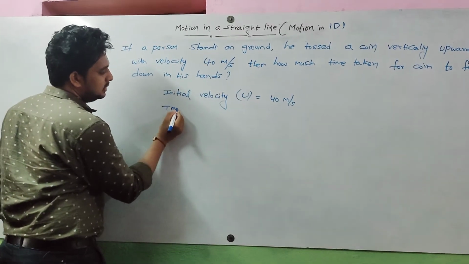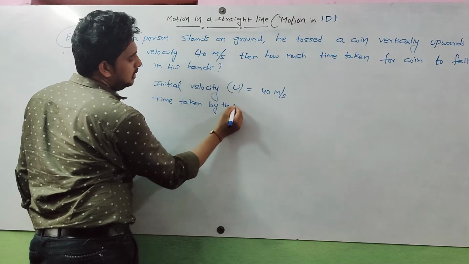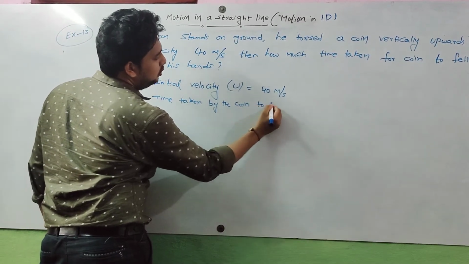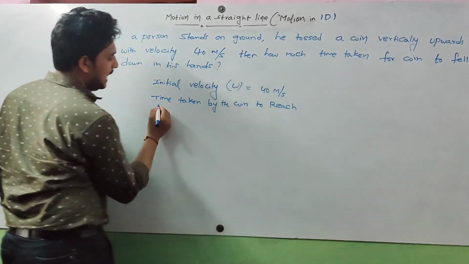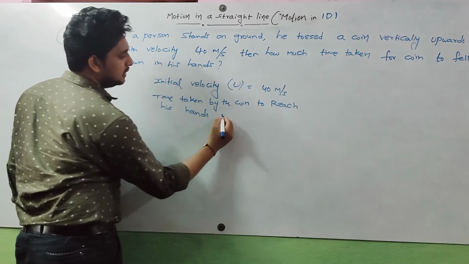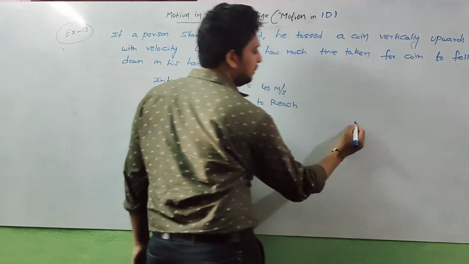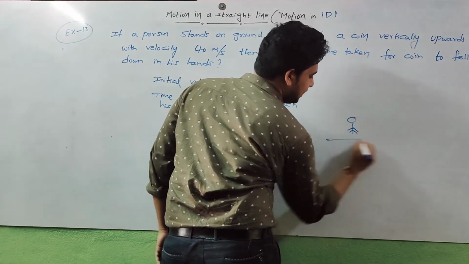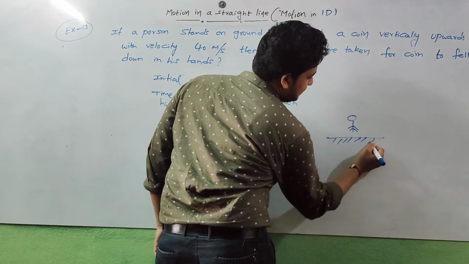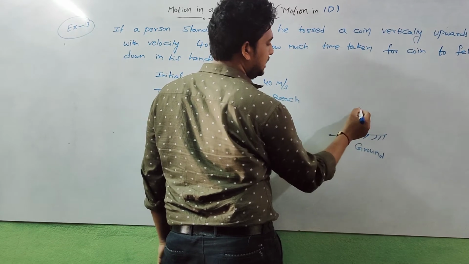The time taken by the coin to reach his hands, that we need to find, is represented by capital T. For example, the person is here. This is the ground, I consider. He tosses a coin.